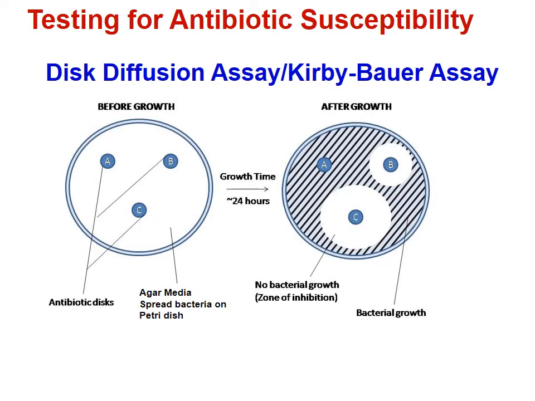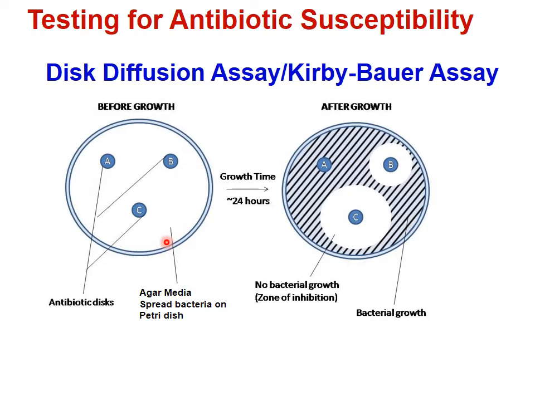Okay, so how are we going to look at bacterial interactions with antibiotics? One thing we're going to do is a very simple, clean and easy assay called the disc diffusion assay, also called the Kirby-Bauer assay. What it entails is you take an agar plate and you spread bacteria all over it.